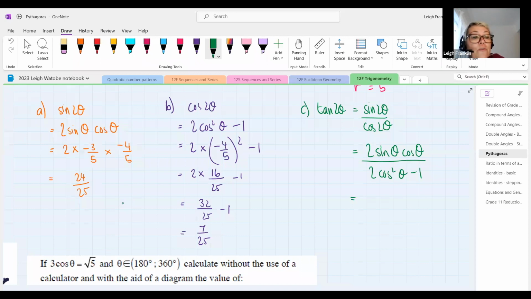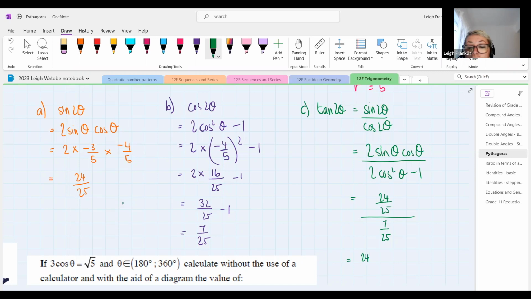So I know that sine 2 theta, or 2 sine theta cos theta, is 24 over 25. And then I want to divide that by cos 2 theta, which I know is 7 over 25. Recall from grade 8, when you are dividing fractions, you have to tip and times, or keep, flip, change, depending on what your teachers taught you.